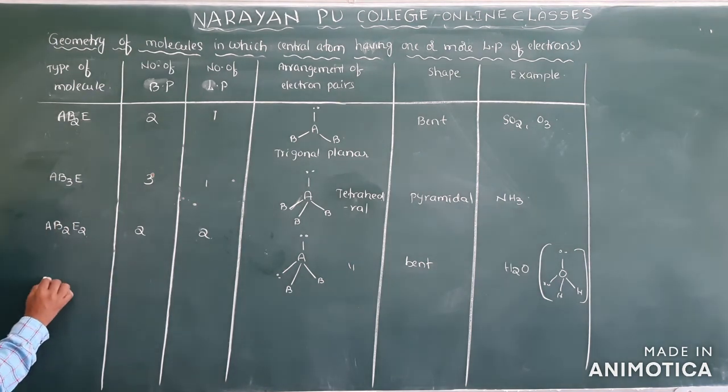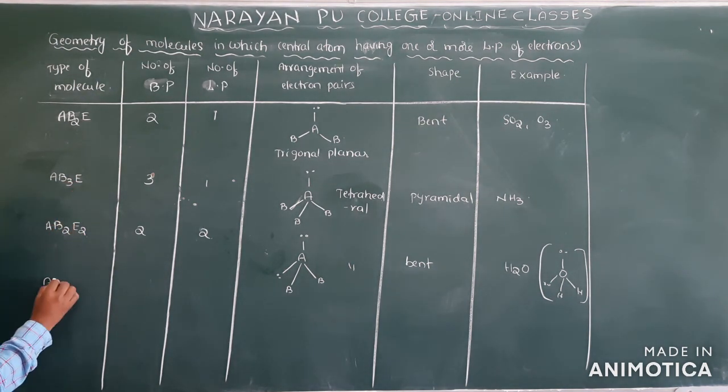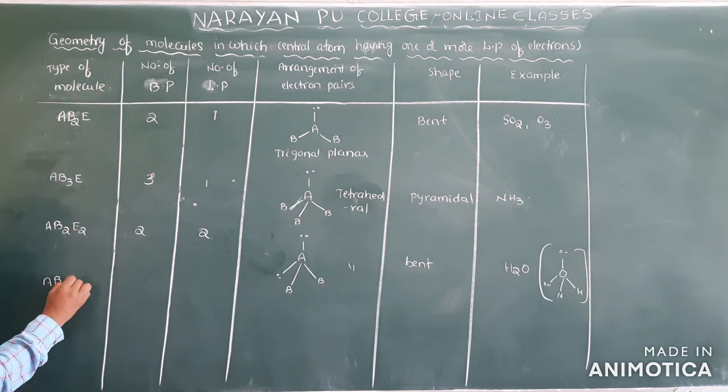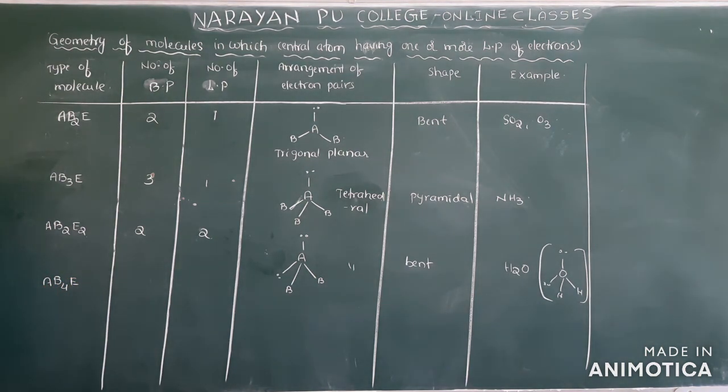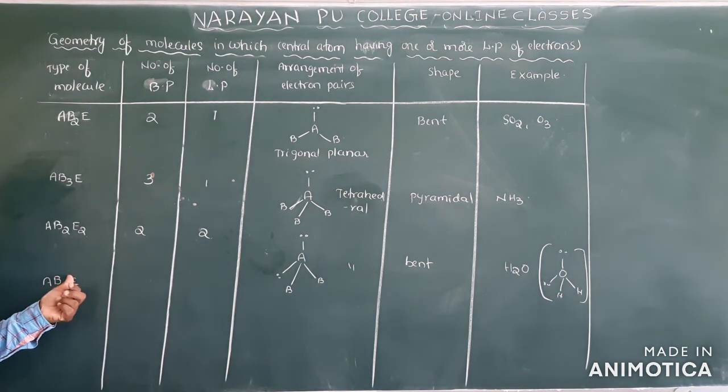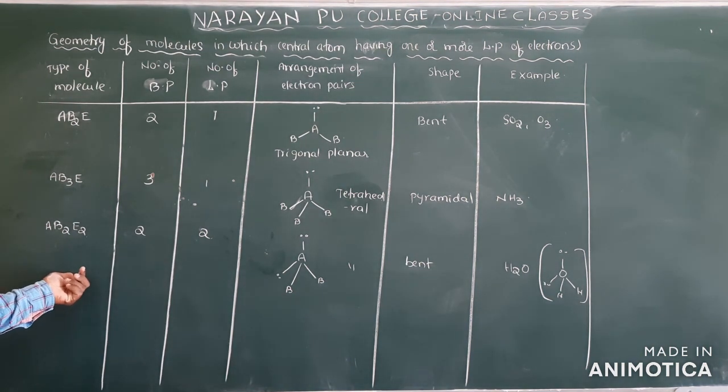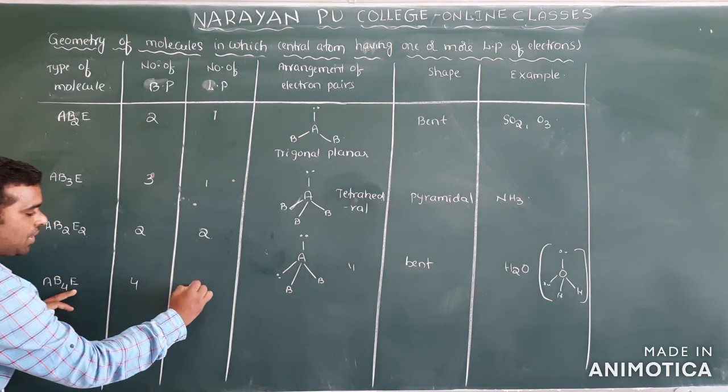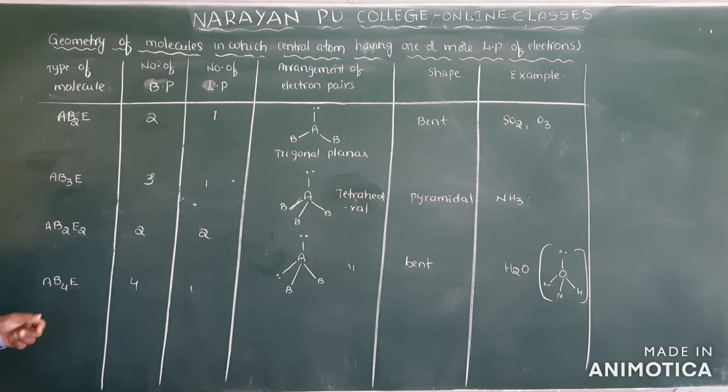And the next one, if I write here AB4E. If it is only AB5, all are bond pairs of electrons, then you know trigonal bipyramidal is the shape. But here there are 4 bond pairs and 1 lone pair. Then what will be the shape here?